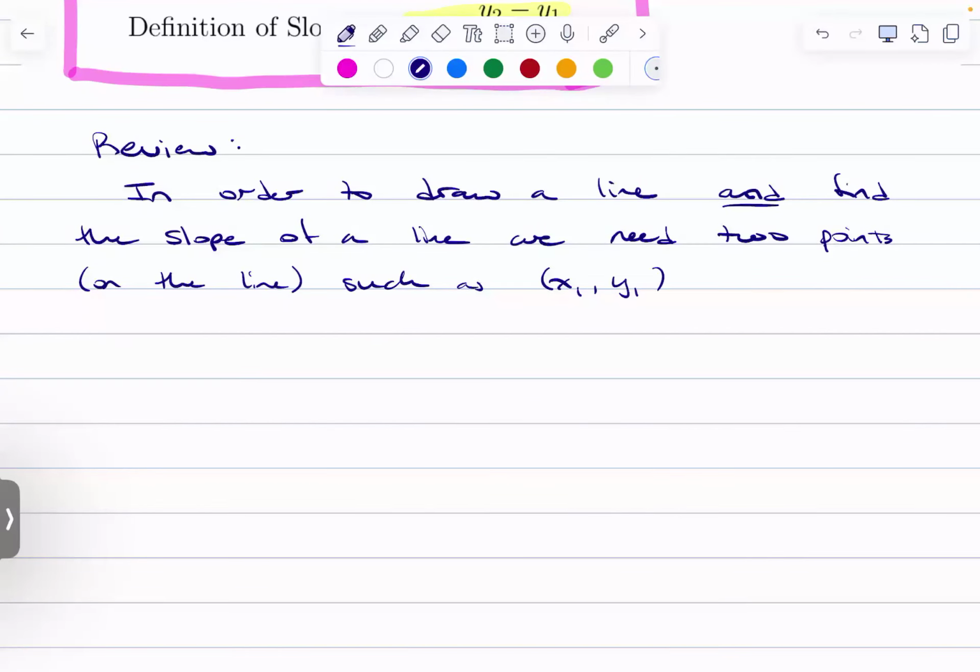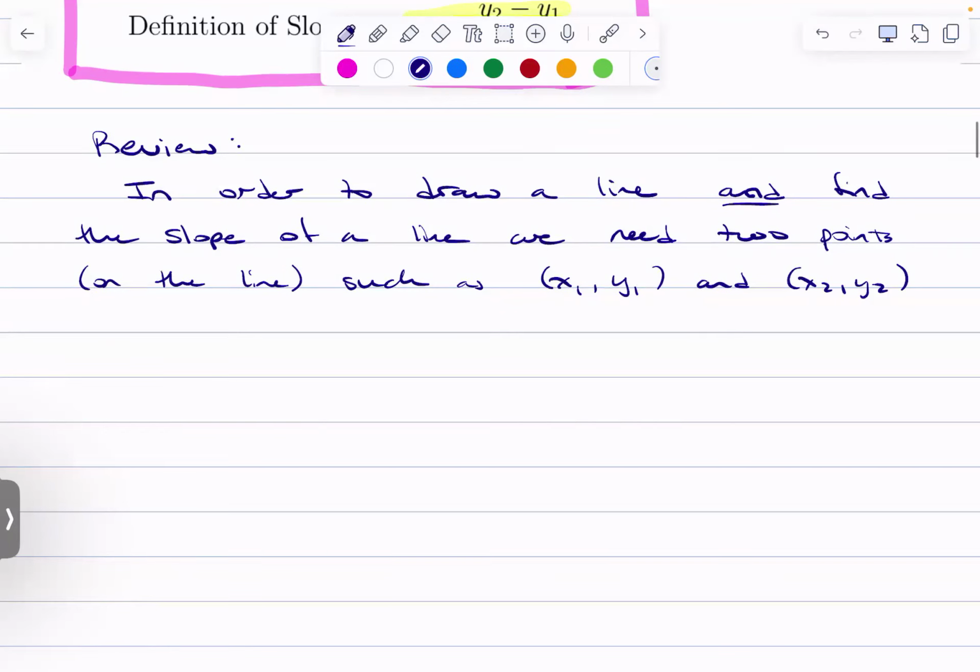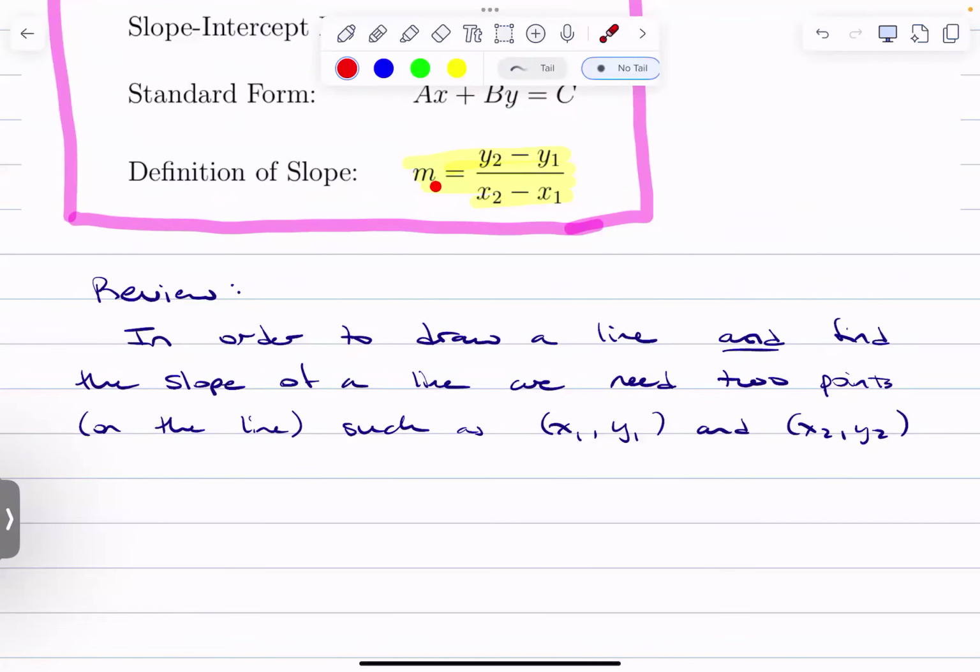x1, y1, and x2, y2. We use that general notation, subscript 1 for point number 1 and subscript 2 for point number 2. And that's when we learned how to draw some lines, and then we spent the rest of the day calculating the slope of different lines.